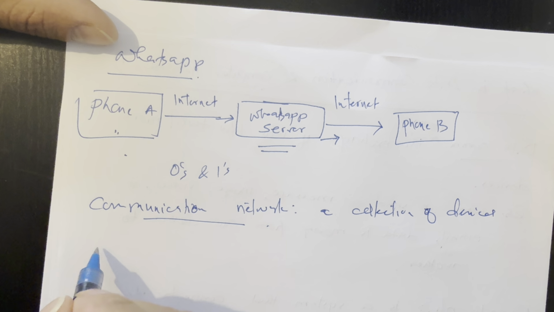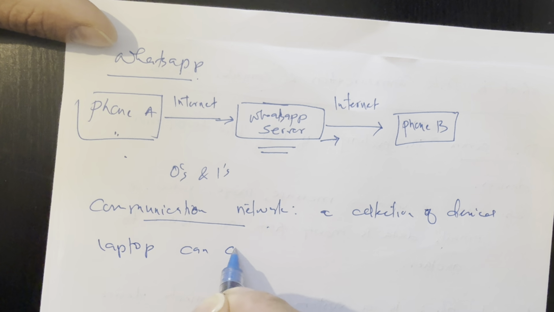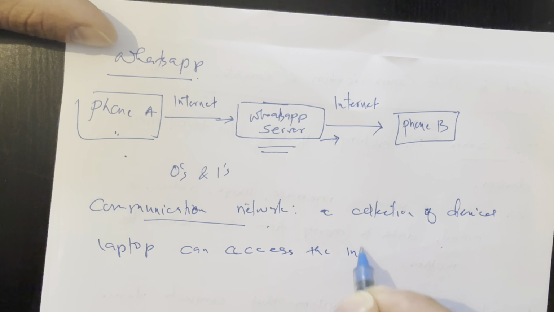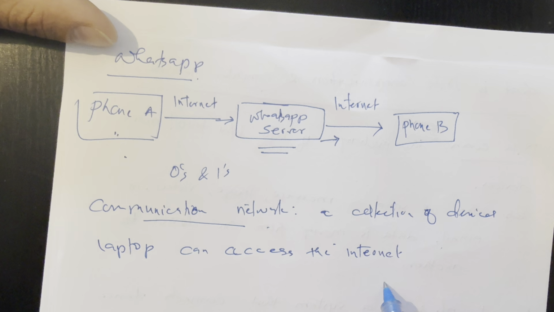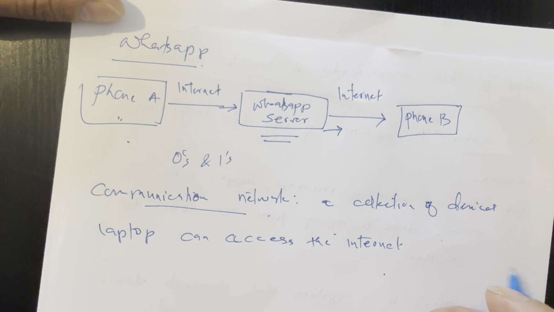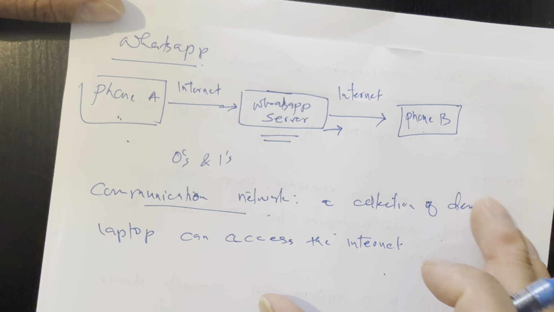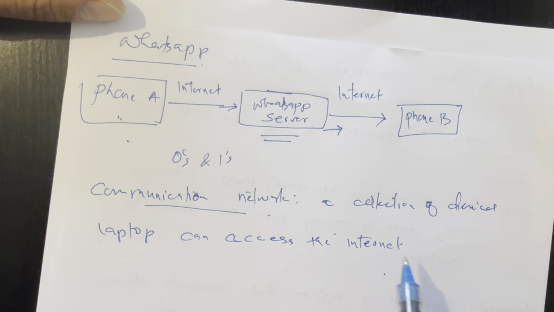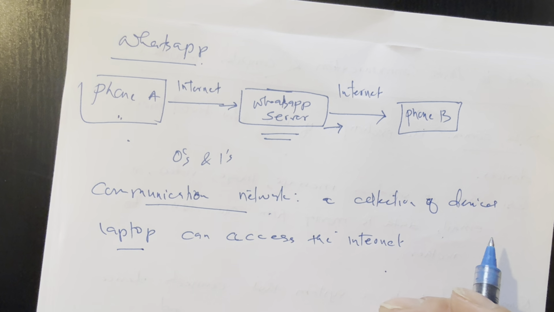For example, your laptop can access the internet, and your phone accesses the internet. A printer can receive a document from a laptop. Routers manage communication between all devices. These are the computer networks. Because without the network, this laptop and phone cannot access the internet, right?